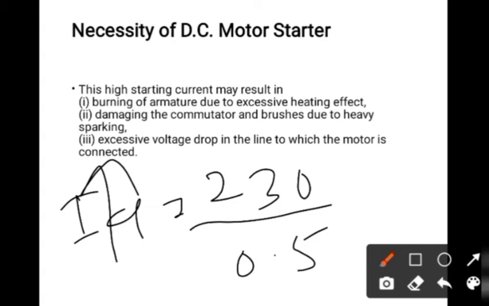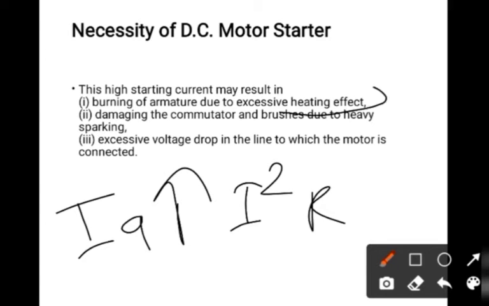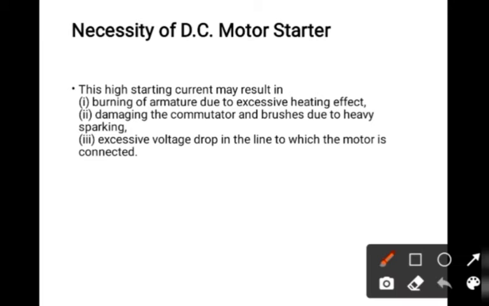Due to the high armature current, there will be some effects produced on the motor. The first effect is the burning of the armature due to heavy heating, because when armature current increases, I square R losses are produced, and due to excessive heating, burning of the armature will take place. The second effect is damage to the commutator and brushes due to heavy sparking, which occurs because of the high armature current.